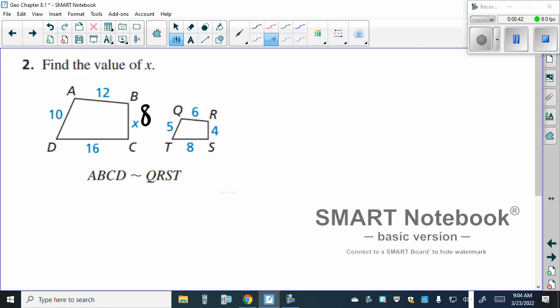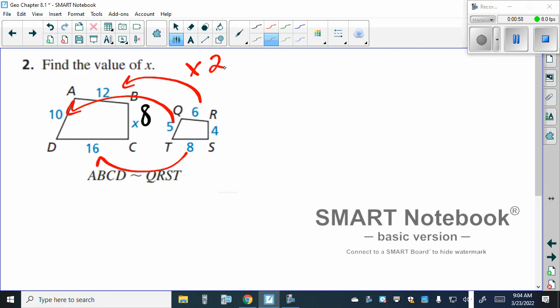And this one here we can just look to see that 6 goes to 12, 8 to 16, 5 to 10 is all a multiplication of 2. So our scale factor for this is 2.